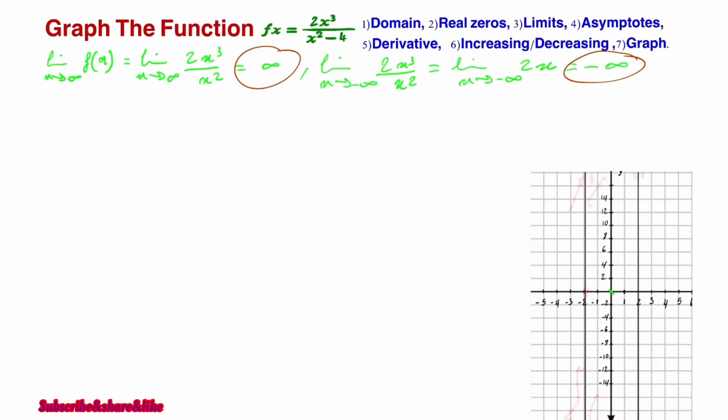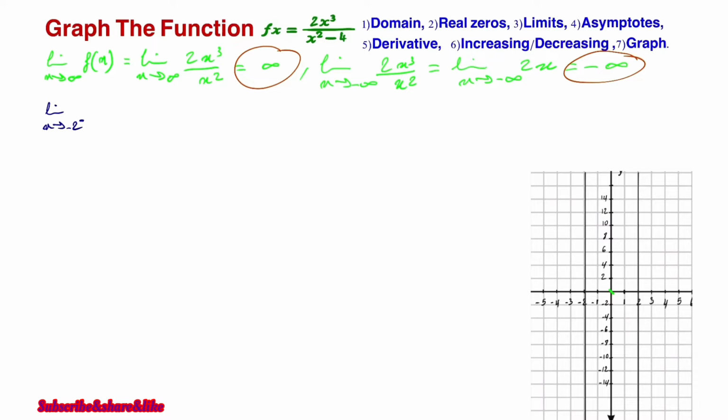So we do the limit as x goes to negative 2. When you put the minus on the top, it means you are going to find the limit on this side here. When you put plus, it means on this side here, on the left and the right of that number, negative 2 and 2. So we're finding it on the left.